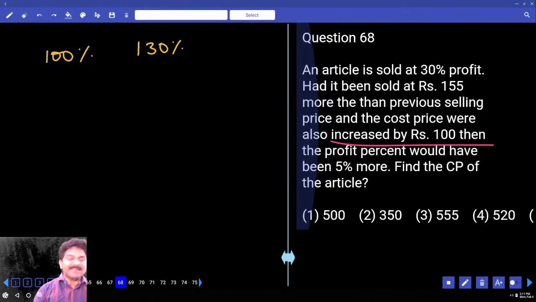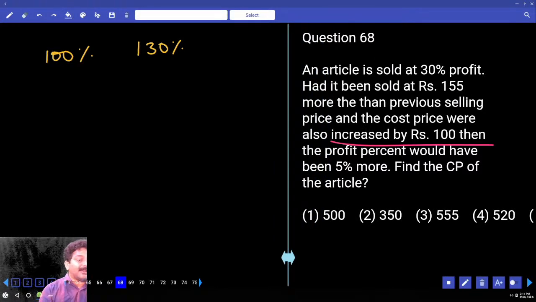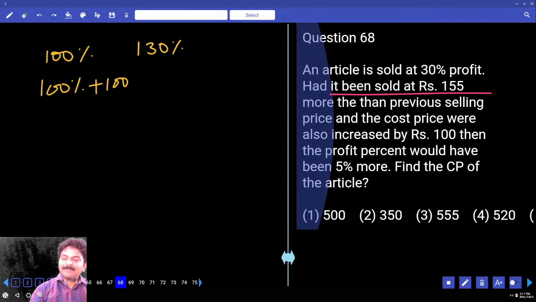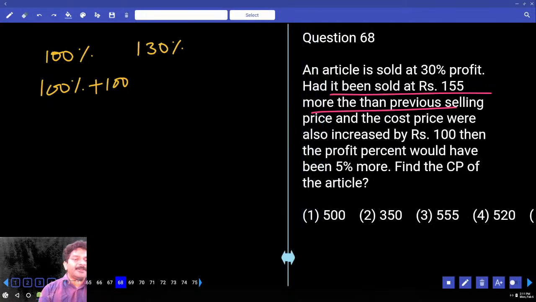Now there is an increase in the cost price which is equal to 100 rupees. Earlier we were talking about percentage, but now in terms of rupees, 100 more. 100% plus 100. Now selling price increases by 155 rupees. Earlier selling price was 130%, but now it is 155 more.